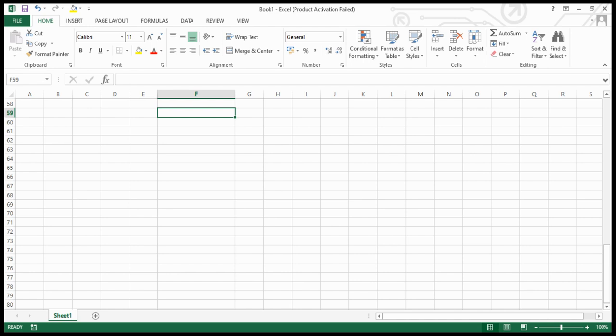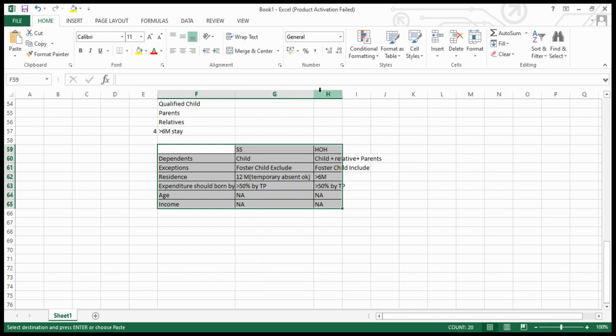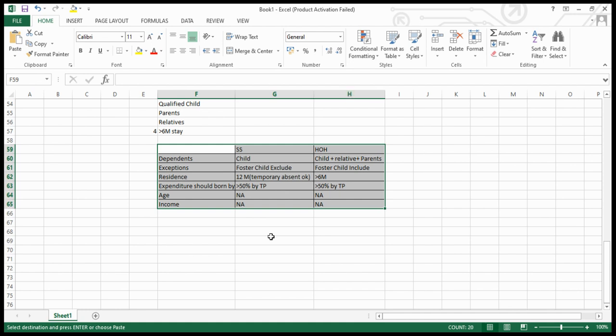I will copy the table which can be used for the surviving spouse as well as HOH easily, the criteria and conditions. Based on this, we are going to address many MCQs later. So please go through it and come back.